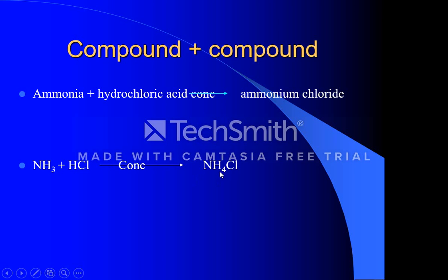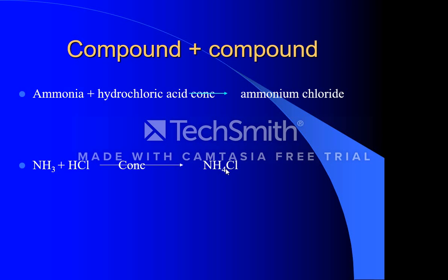They producing NH4Cl, which is called NH4. We took it in the atomic group that represent ammonium chloride. Ammonium chloride. And by the way, when it produces the ammonium chloride, it produces a white fumes or white clouds.